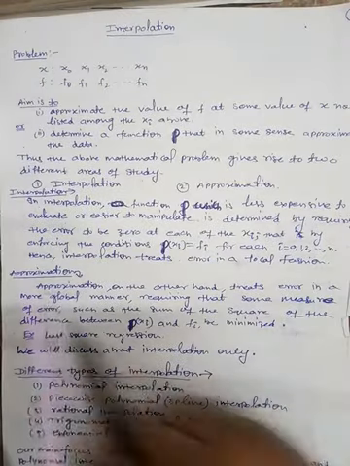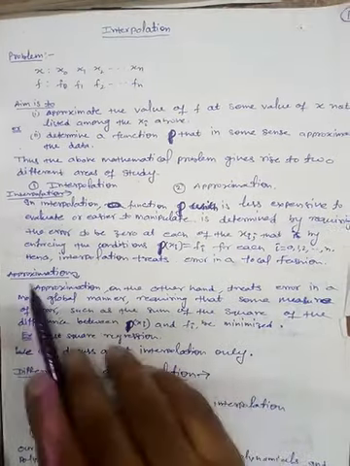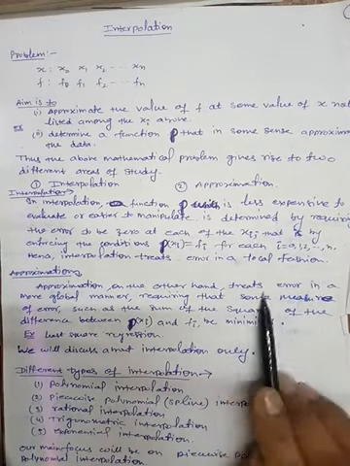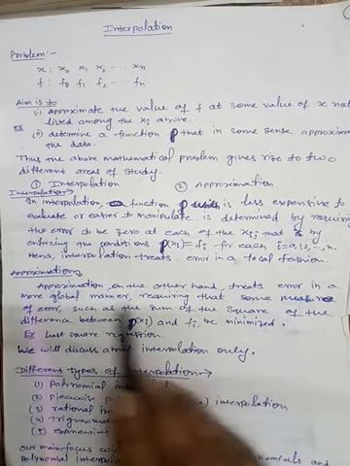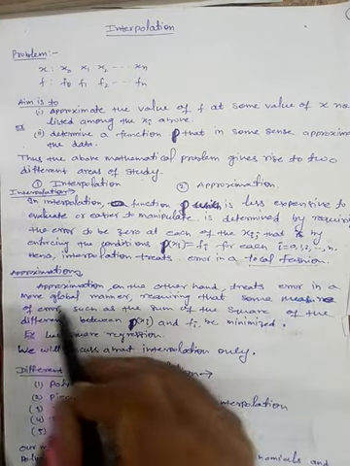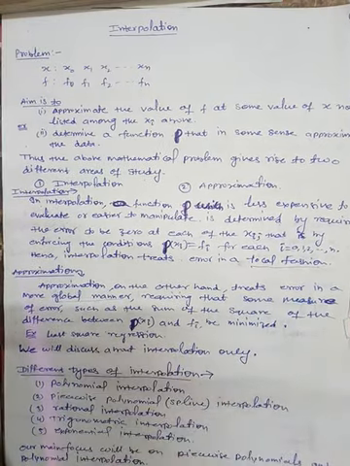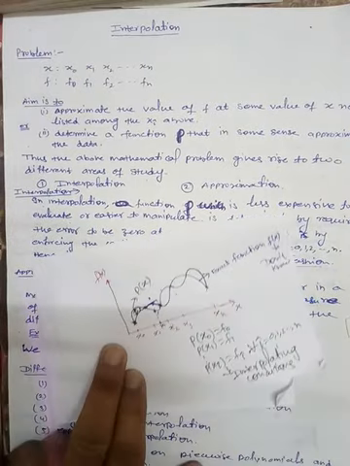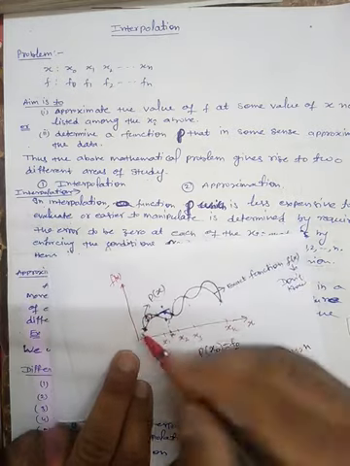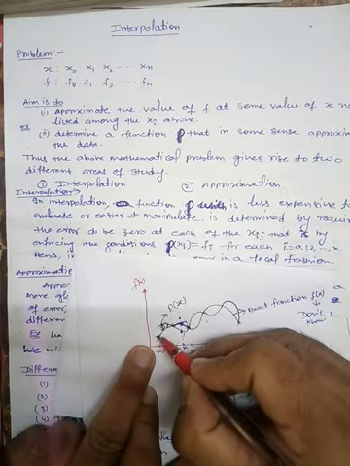Okay, the second method is based on approximation. Approximation, on the other hand, treats error in a more global manner rather than local. Here we have the local manner, there the error is global. Rather than this curve, we are taking a curve like this.